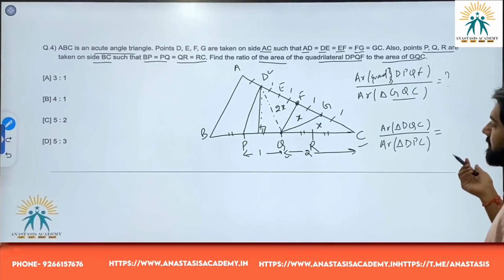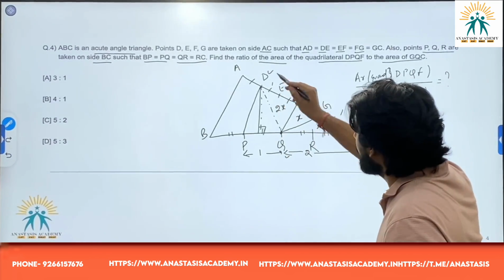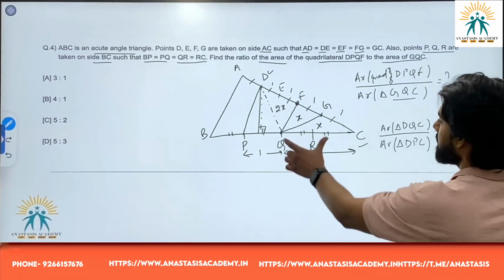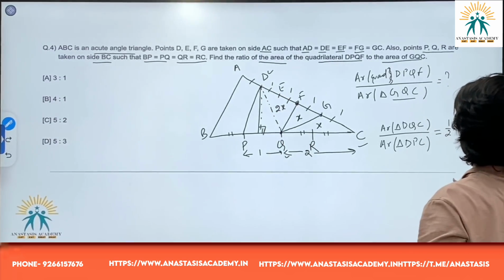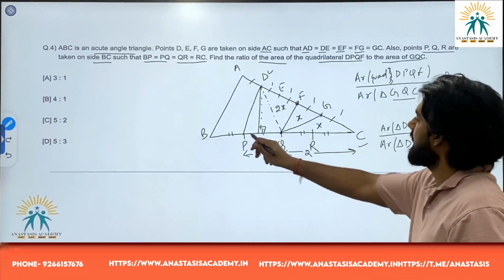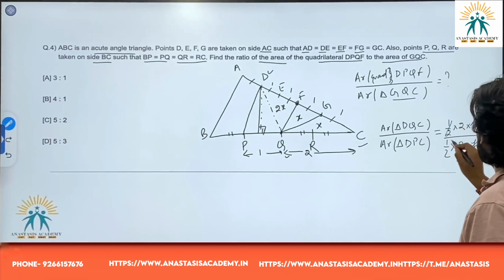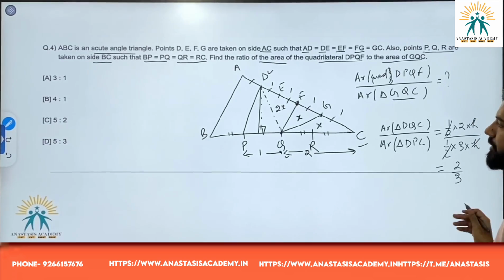So let's just find the ratio of their areas. Area of DQC would be half base QC, that is 2 units, into height h, upon DPC is half base PC, which is 3, into height. So ratio comes out to be 2 by 3.